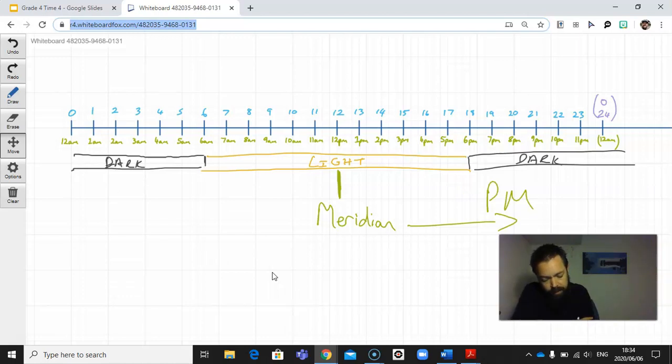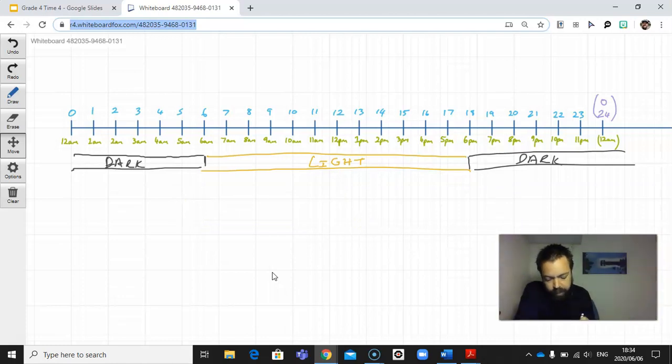And before that, on this side, we are AM, which is ante, which means before. So before the middle and after the middle. So you can see that the AM and the PM don't necessarily line up with day and night. It's just before and after the middle.